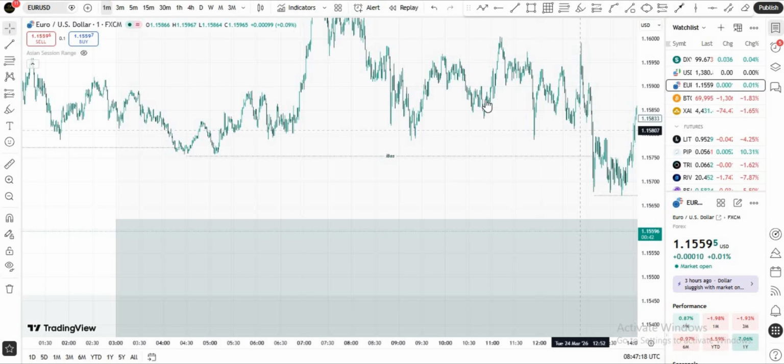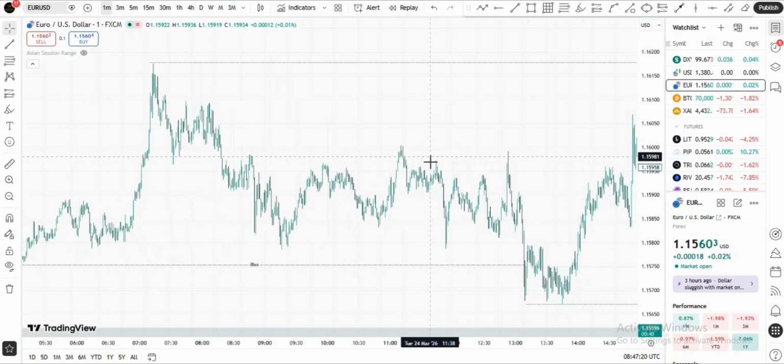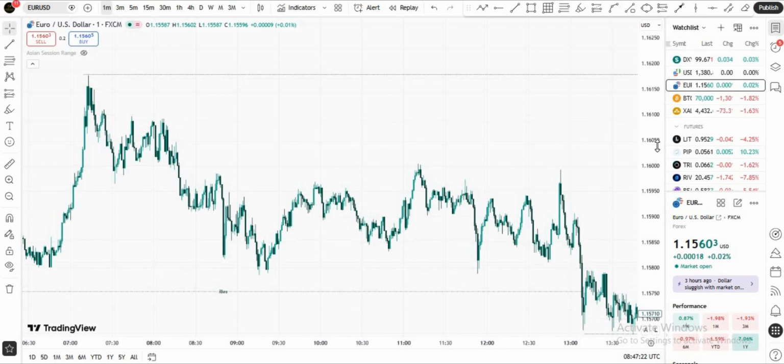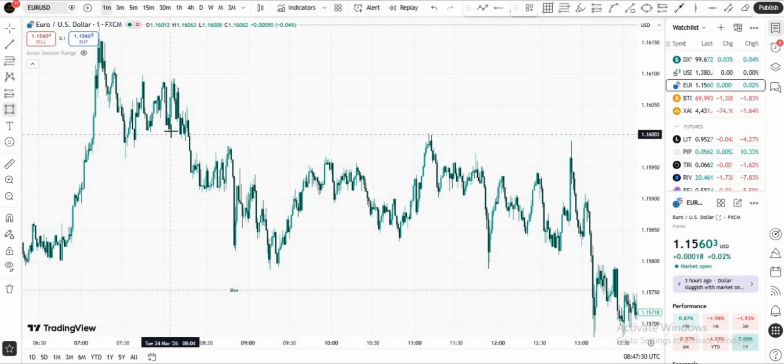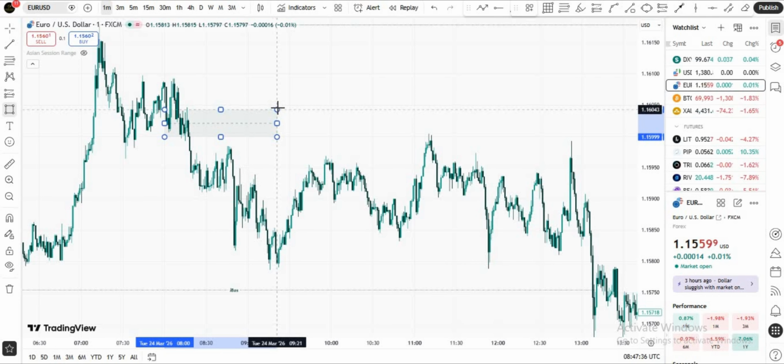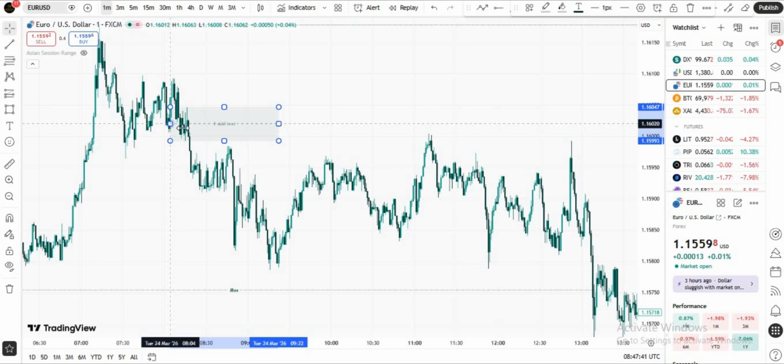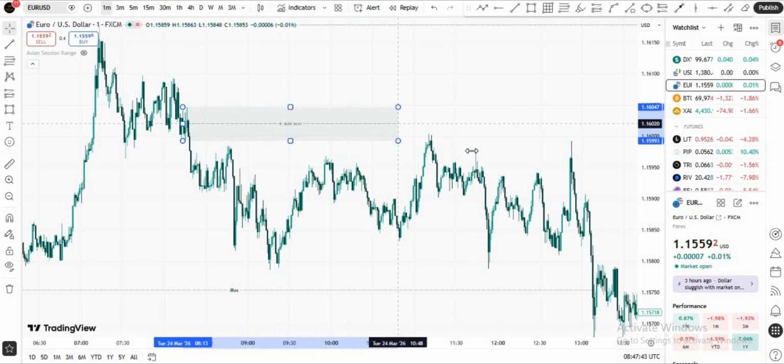So that's where I need to zoom in closely to observe. Here what I see was that we have an imbalance at this point, and we have the demand zone here. Sorry, we have a supply zone.